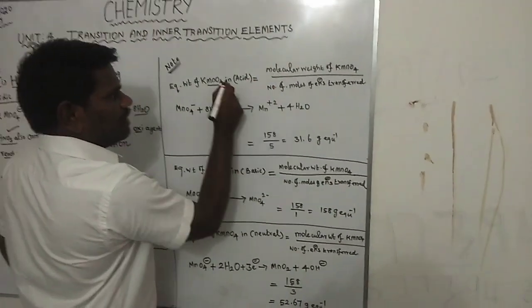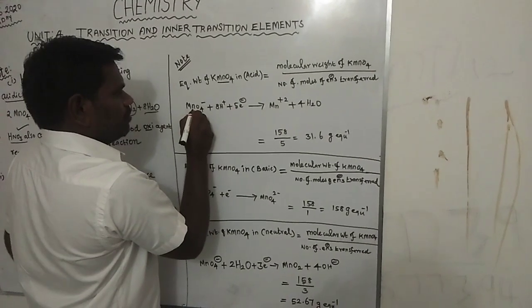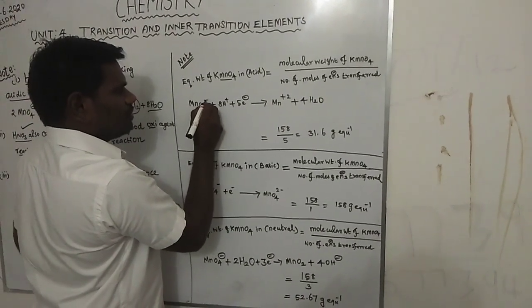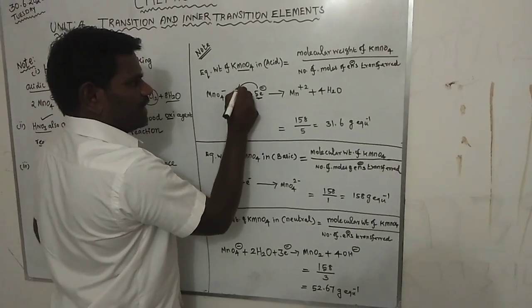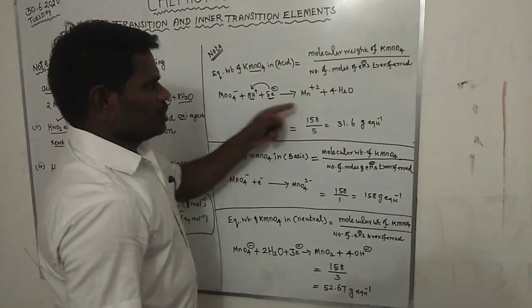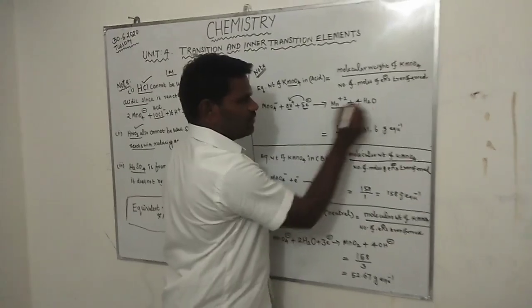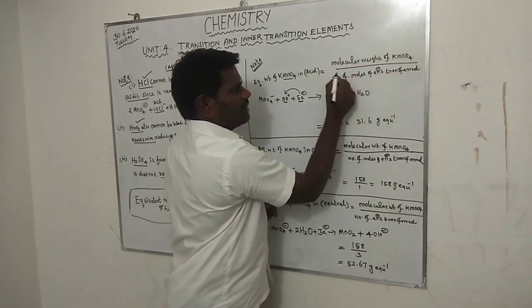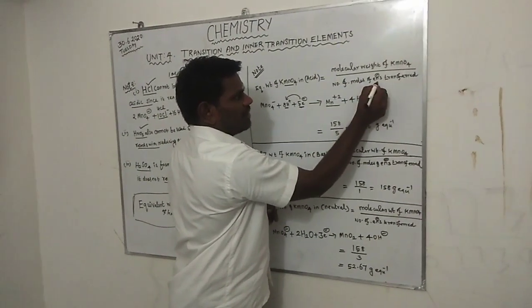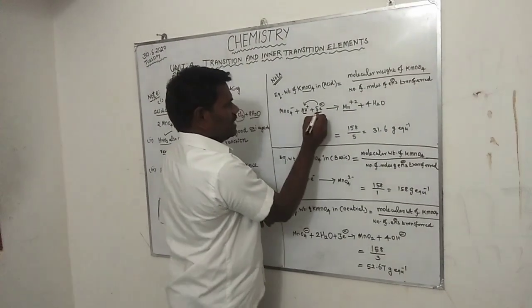For example, in acid medium, permanganate ion MnO4 minus and 8 moles of H+ ion with gain of 5 electrons give Mn2+ and 4 H2O. The molecular weight of KMnO4 divided by number of moles of electrons transferred.